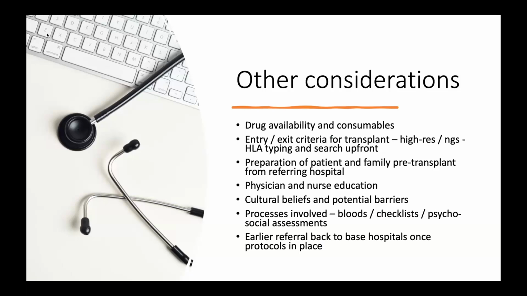What's also important is preparation of the patient and family pre-transplant from the referring hospital, physician and nurse education all around, and then actually starting to tackle some of the cultural beliefs which may be potential barriers.